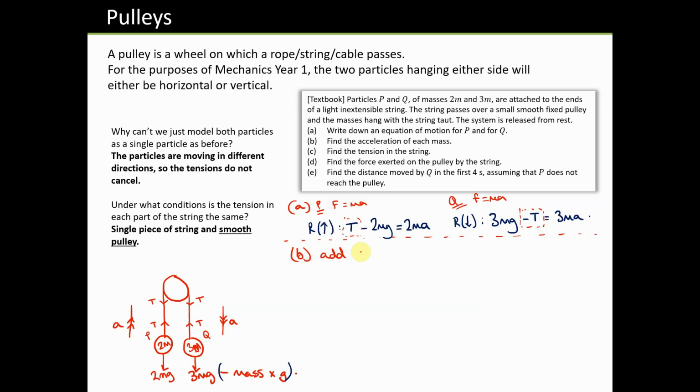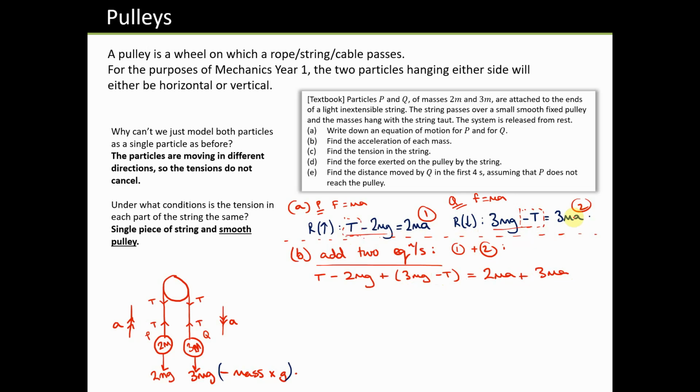So if we add the two equations together, add equation 1 and equation 2, hopefully you can see that I'll do it out in full this time, so T minus 2mg plus 3mg minus T. Then on the other side of the equation, 2ma plus 3ma.